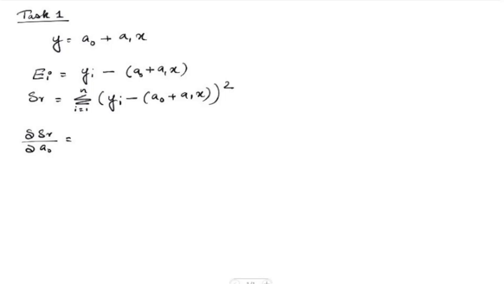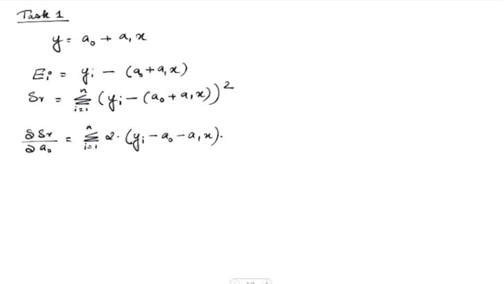So for this, using the chain rule, we'll have summation from i equal to 1 till n, 2 times (yi minus a0 minus a1 x), times the partial derivative of what is inside.